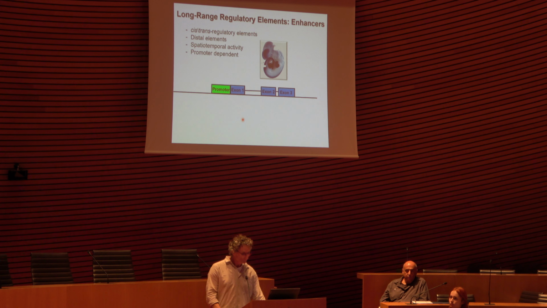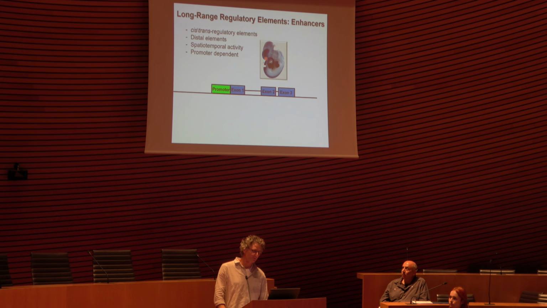So we will focus on the enhancer and how it works. If we have the promoter here and the exons that will eventually be transcribed and spliced to generate the RNA that will be translated to protein.